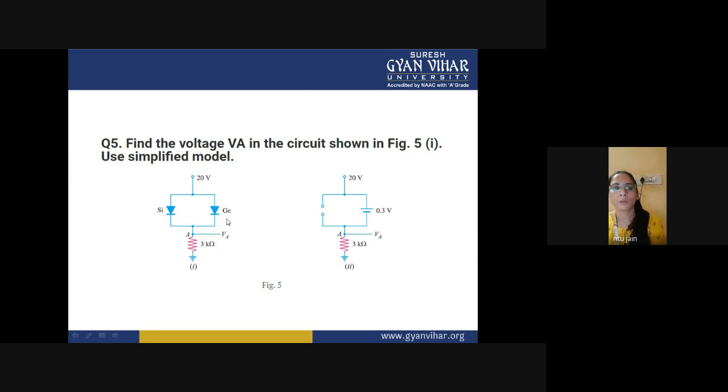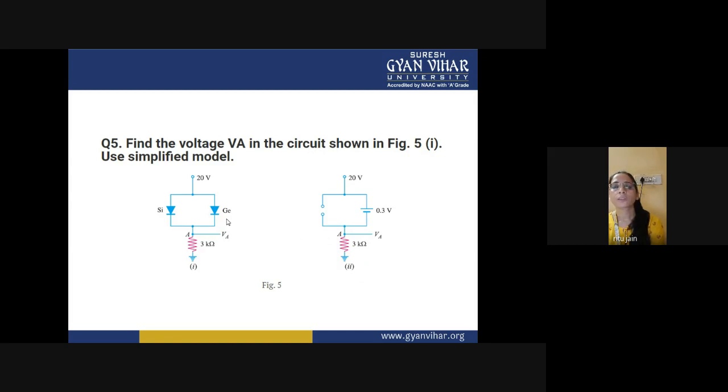One diode is made of silicon and one diode is made of germanium. You know the voltage drop when a diode is conducting: 0.7 volt in the case of silicon and 0.3 volt in the case of germanium.